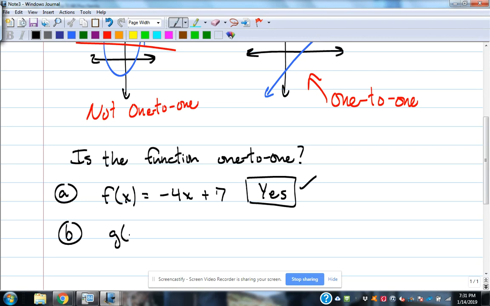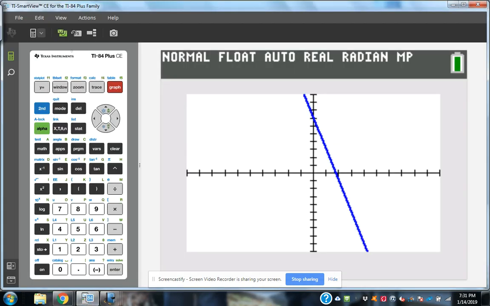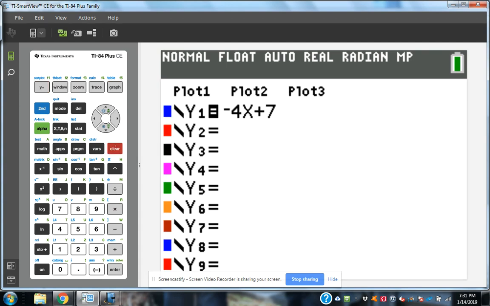Example B, g of x, the square root of 25 minus x squared. I'd go to my calculator. I'd hit y equals, clear out that one.